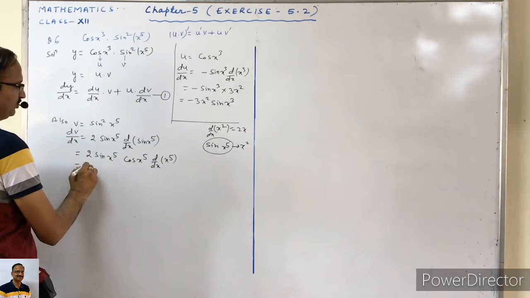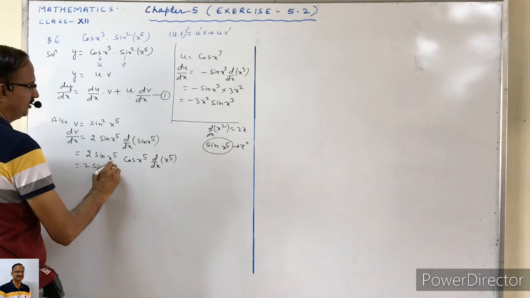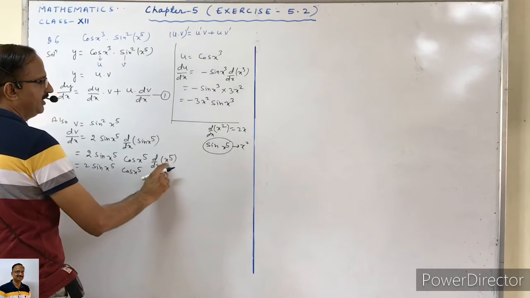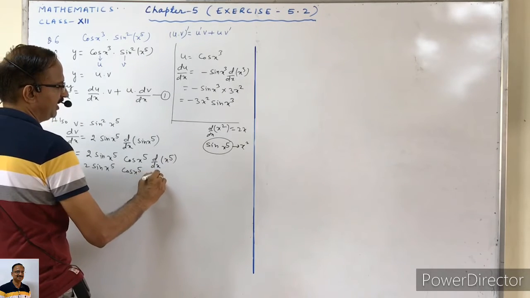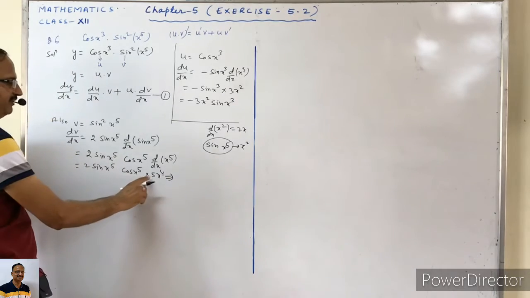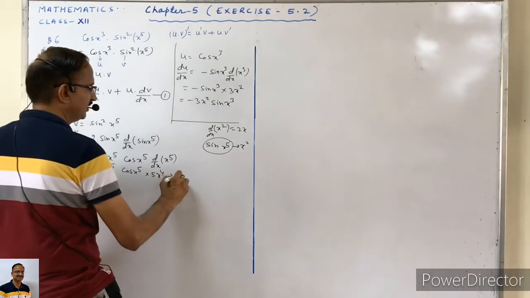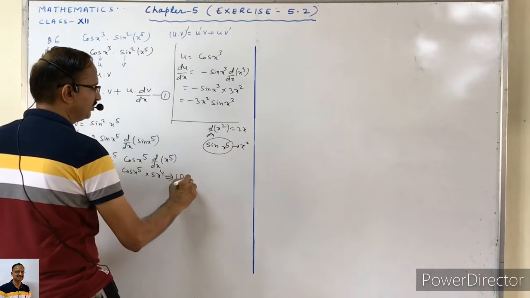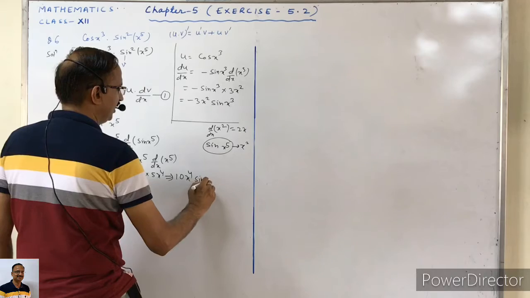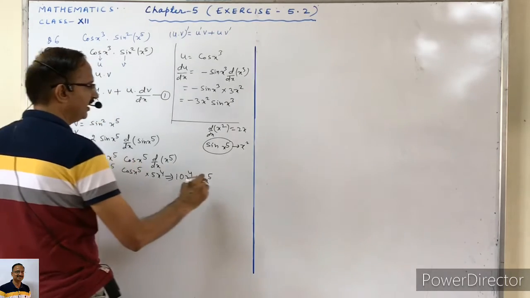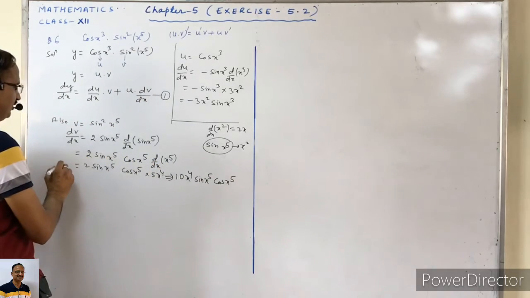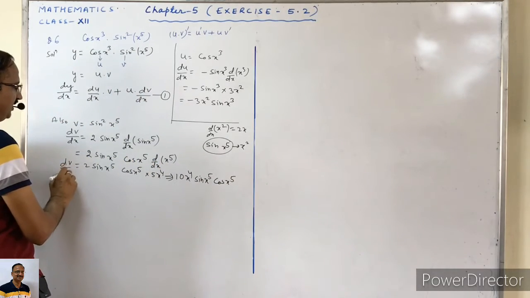So the next step is 2 sine x raised to power 5, cos x raised to power 5, and differentiation of this is 5x raised to power 4. So finally we will get 5 multiplied by 2 is 10 x raised to power 4, and this is sine x raised to power 5 and cos x raised to power 5. So this is the value of dv by dx.